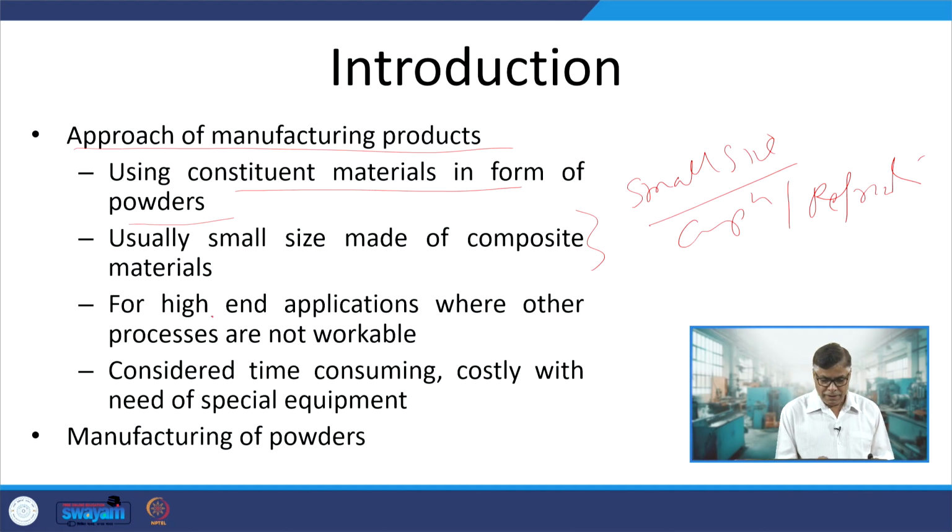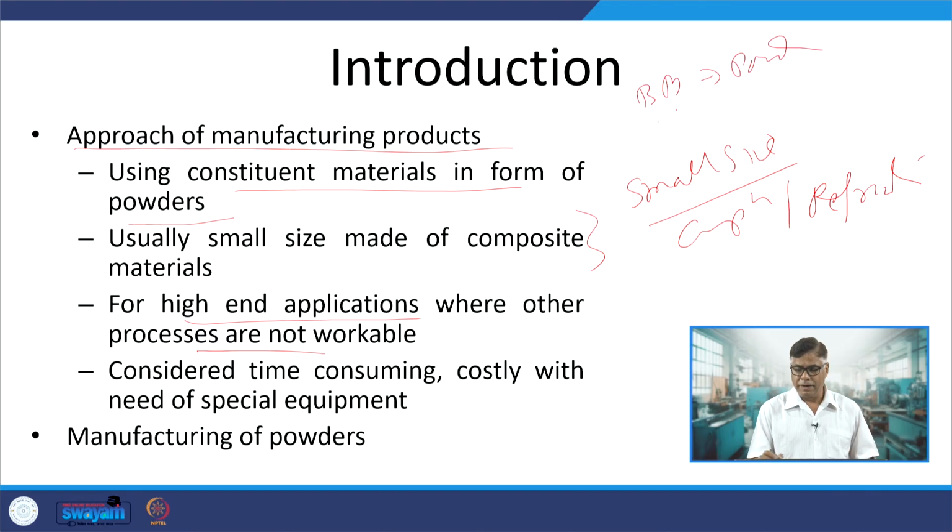That is why powder metallurgy is primarily used for making products for high end applications, where other conventional approaches of casting, welding, machining do not work. And since the process is slow, first we have to make the bulk material into powder form, and then the powders will be processed by mixing, compaction, and sintering.